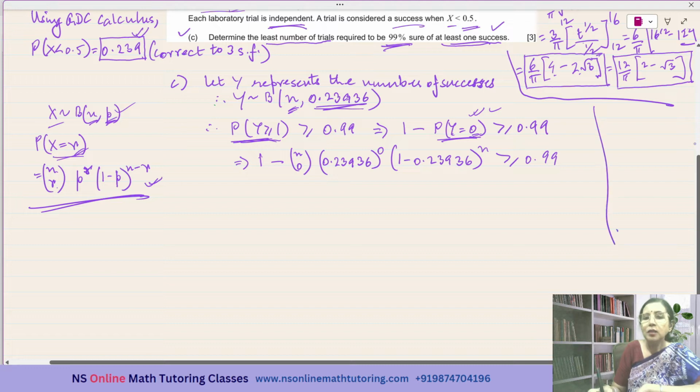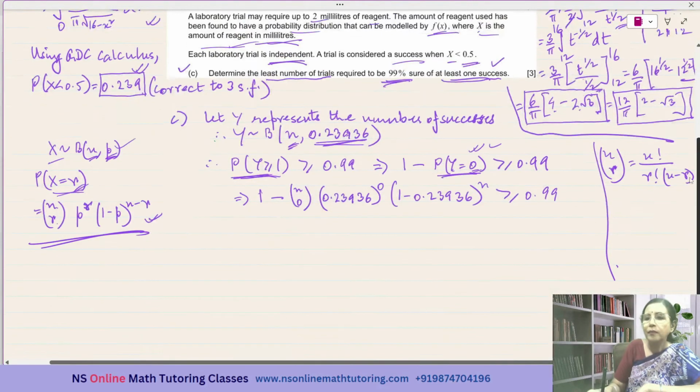If I try to find the nC0, what is the expression for nCr? It is n factorial over r factorial times n minus r factorial.